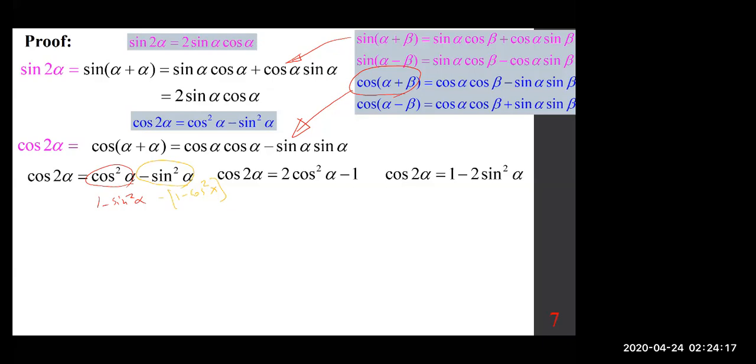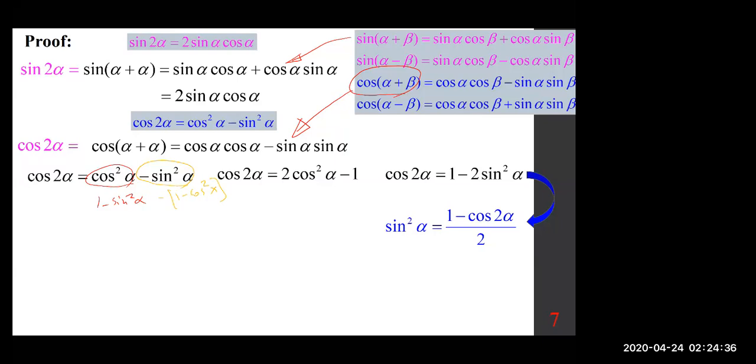So you can use this last formula to solve for sine squared alpha. I hope you see how you can do that.